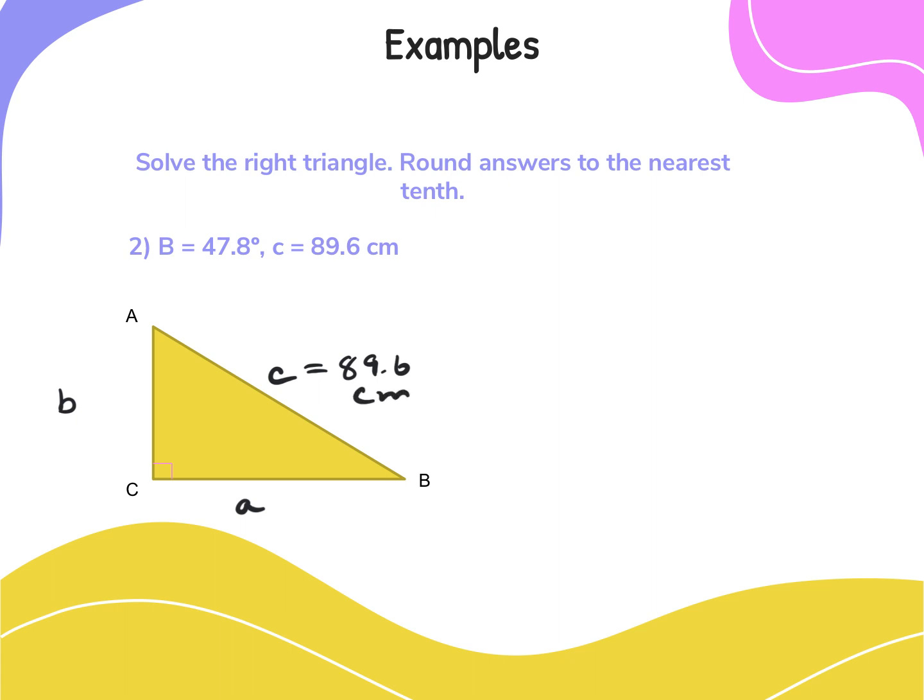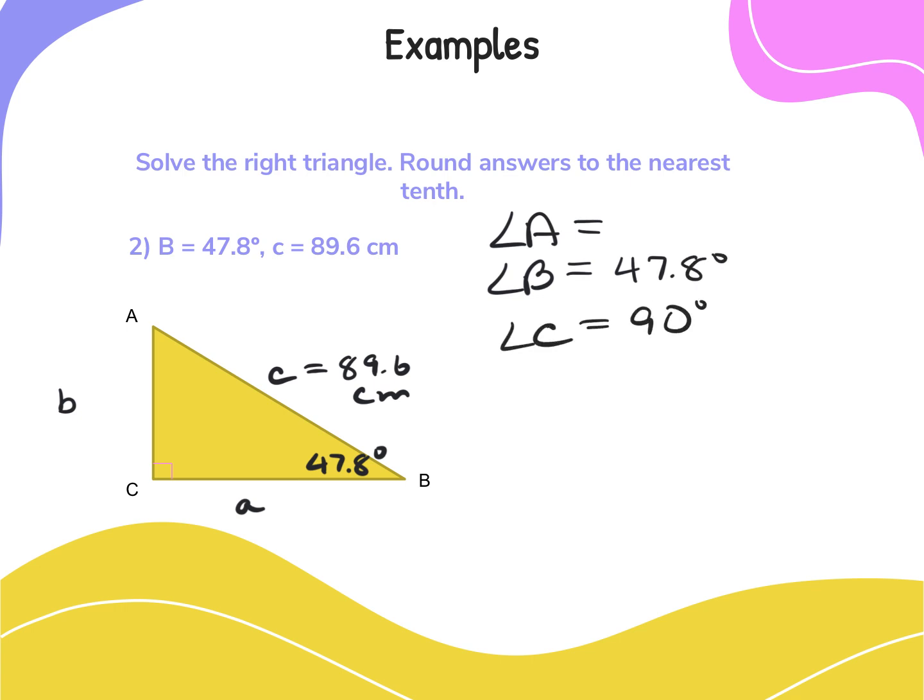And then they gave me the acute angle of 47.8. So now, when we're done, we're going to have angle A's measure, angle B, which they gave me. I also know angle C, it's the right angle. And then I'm going to know lowercase a, b, and I have c that was given to me.